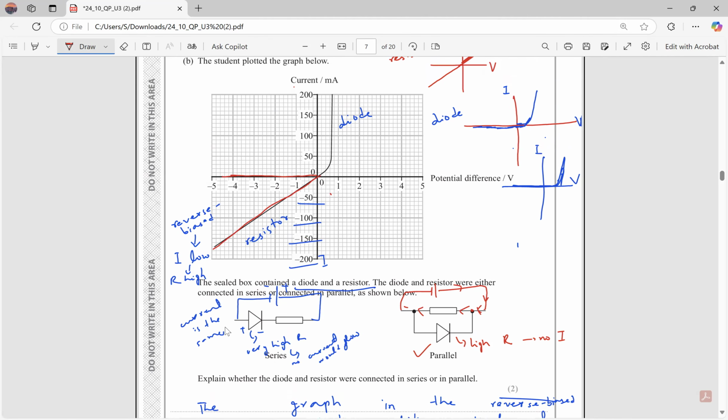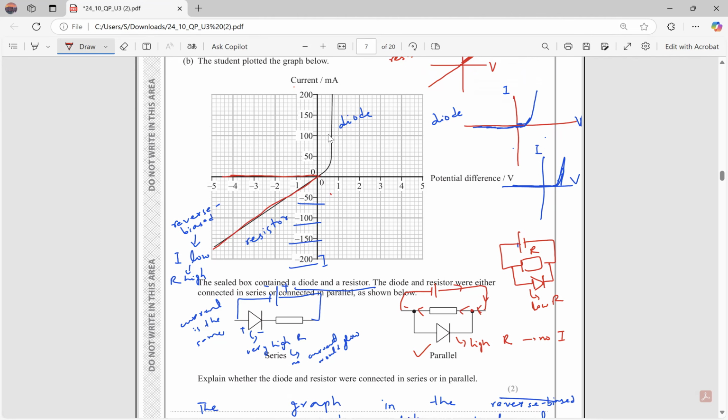And if you're wondering what happened on the forward bias side, just to explain that, when it would be forward like this, the diode now has low resistance, and current takes the low resistance path.